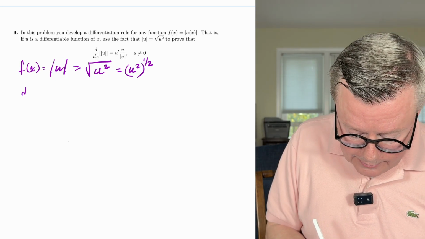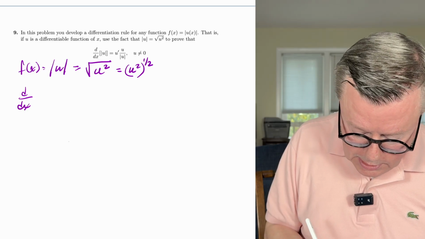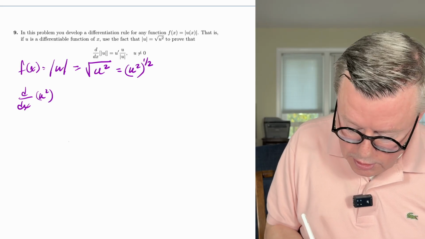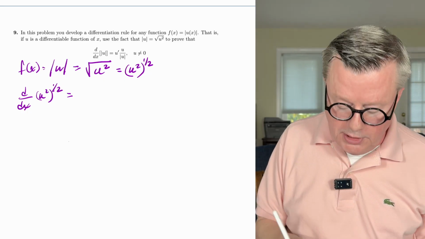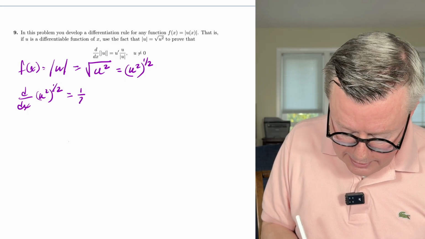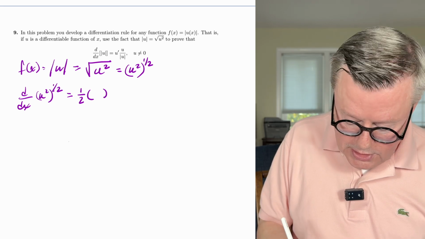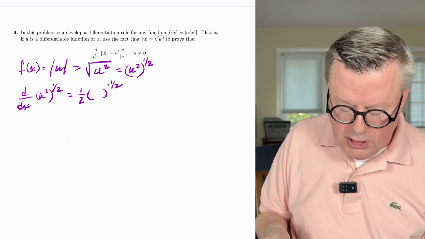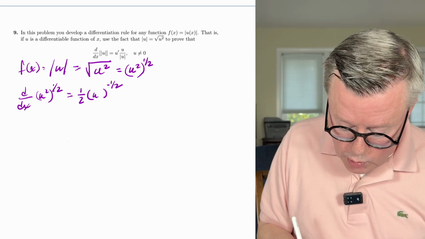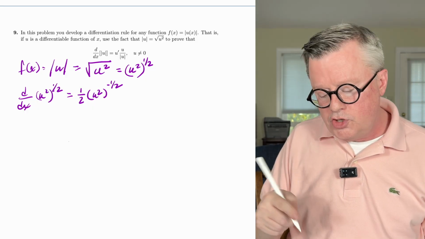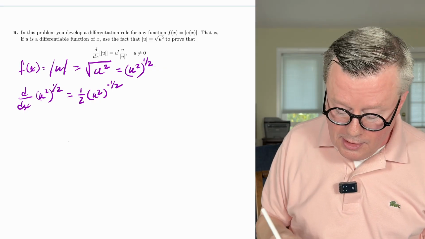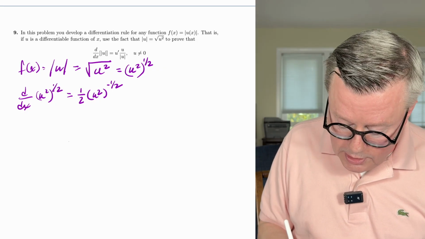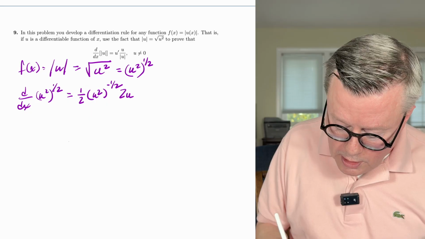The derivative of u squared to the 1/2 is, all right, what does the chain rule tell me? It says this is 1/2 times whatever's in the parentheses to the minus 1/2. Inside the parentheses, I've got a u squared. The chain rule says I now have to multiply by the derivative of the thing on the inside. The derivative of u squared is 2u.